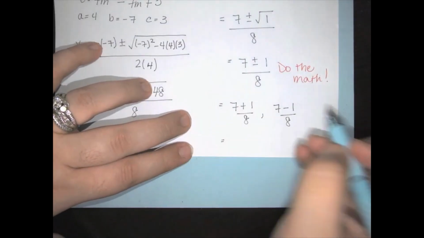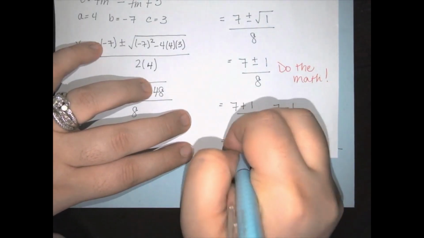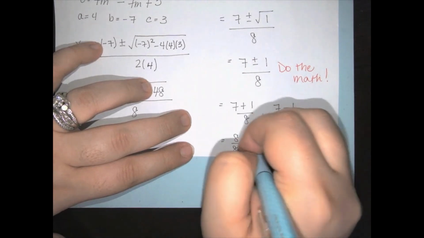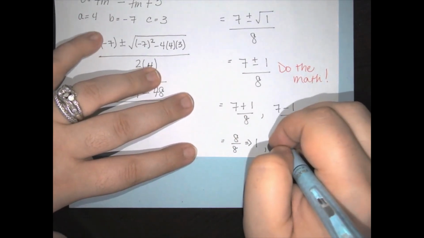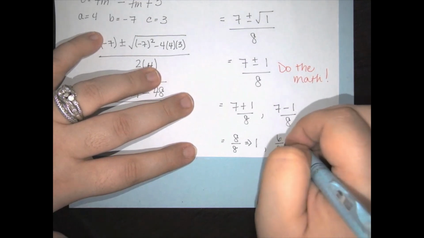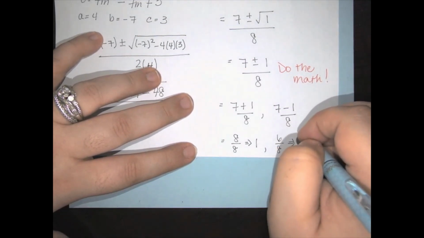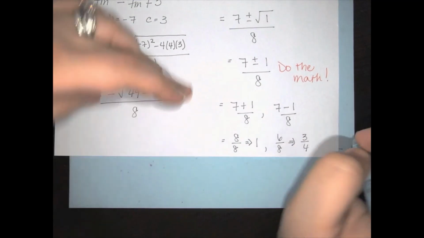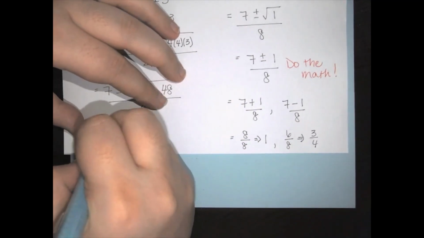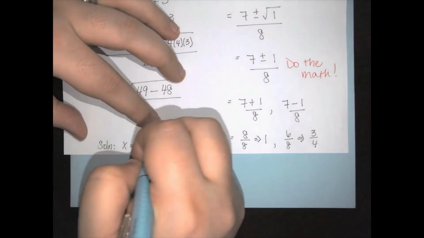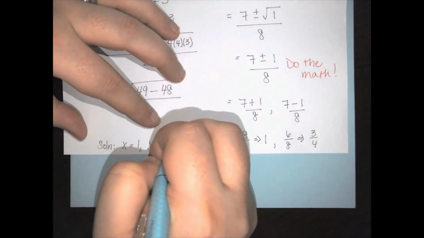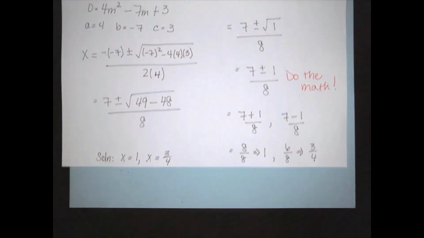So in this case, 7 plus 1 is going to give you 8 over 8, which reduces down to 1. And then 7 minus 1 is going to be 6 over 8, which is going to reduce down to 3 over 4. So in this case here, your solutions are going to be that x equals 1 and x equals 3 over 4.